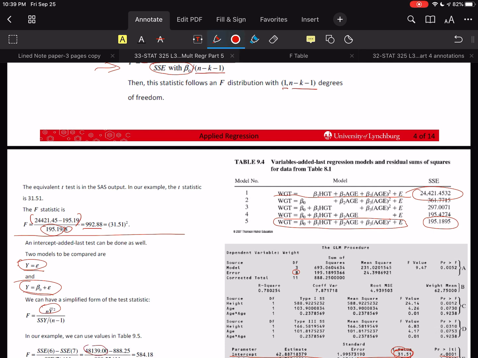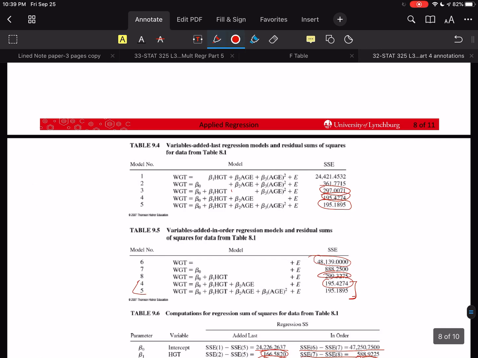So here's 6 with nothing in it except the error, and I'm making this messier than it should be. And then here we have with just the beta, and this is variables added in order, not variables added last. So that was a typo.